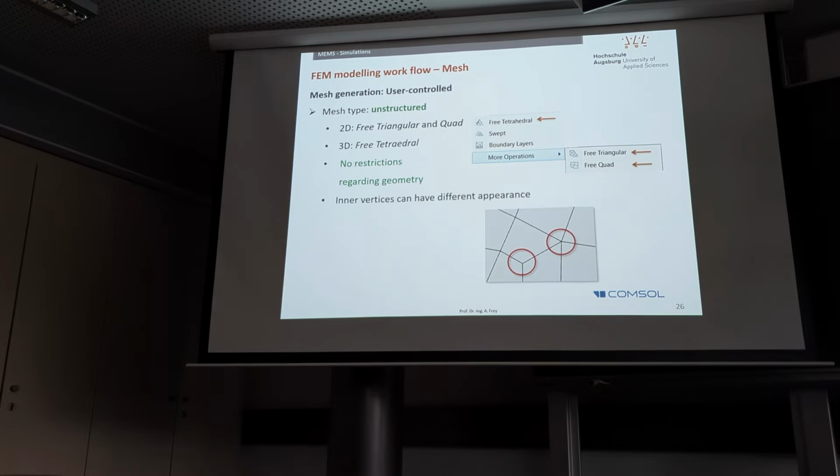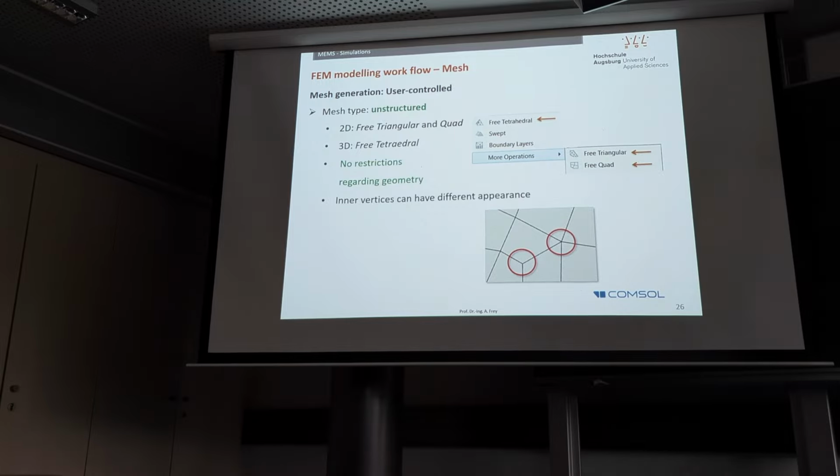The same category you can look at in 3D. No restrictions regarding geometry. This is something I've already mentioned. In 2D you can always use the quads also. In 3D you only have the TETs to always mesh the geometry.